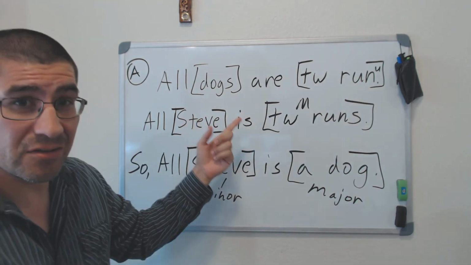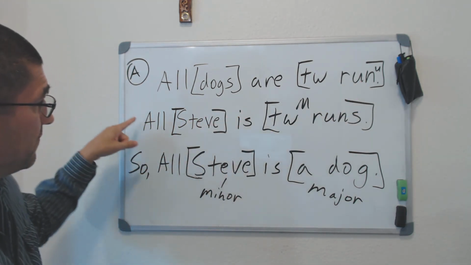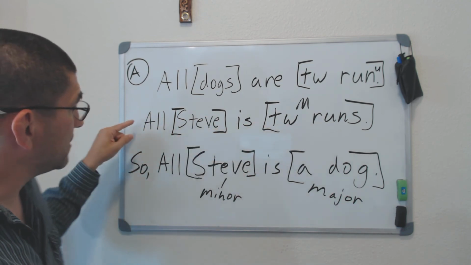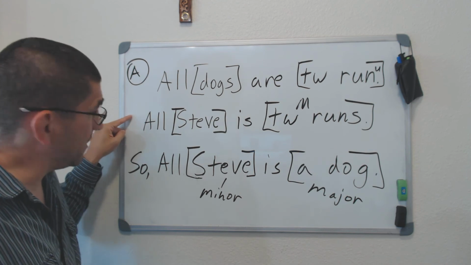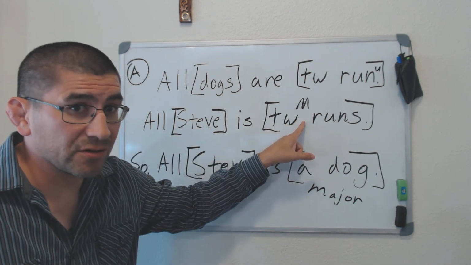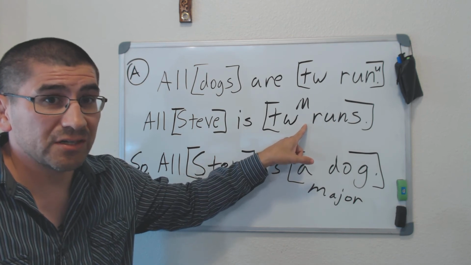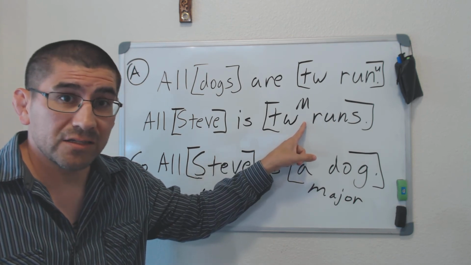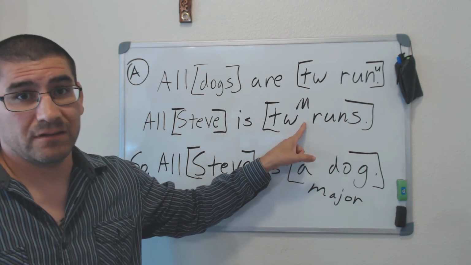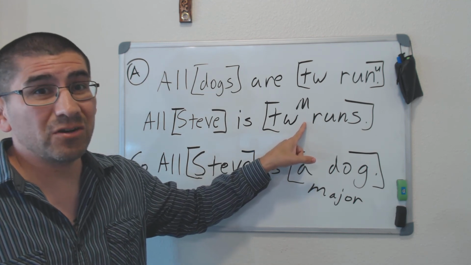So let's check the other premise. This one right here. All Steve is that which runs. This is an A proposition as well, right? And here it's the predicate term in the A proposition, and if we look at our chart, is the predicate term in the A proposition distributed or undistributed? It's undistributed. We just went over this.